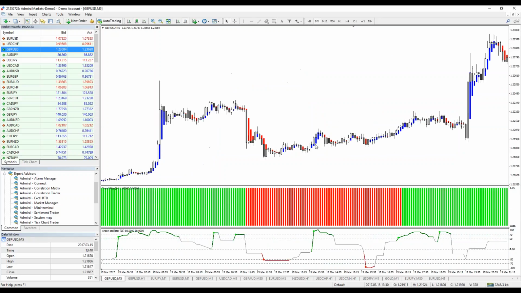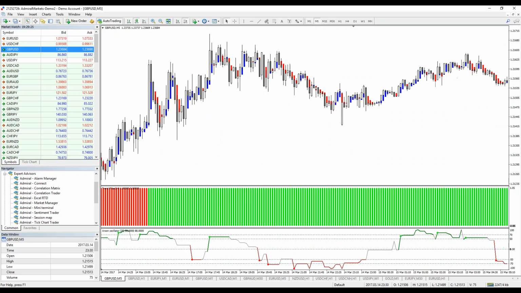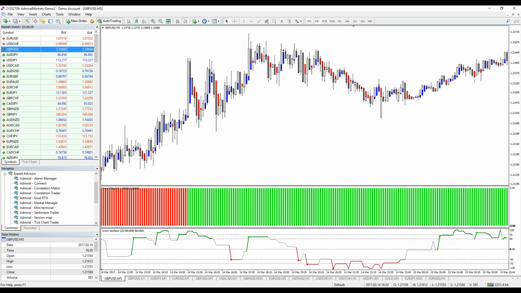So this predicts movement, and it's always best used when the market is close to support or resistance. At resistance we never buy, at support we always buy. At resistance we sell. We don't buy resistance, we don't sell support.